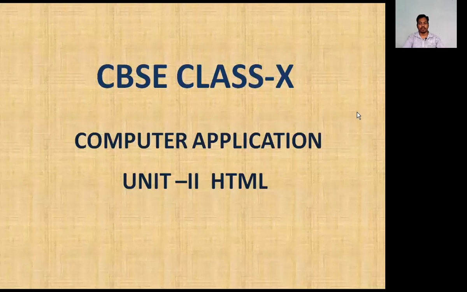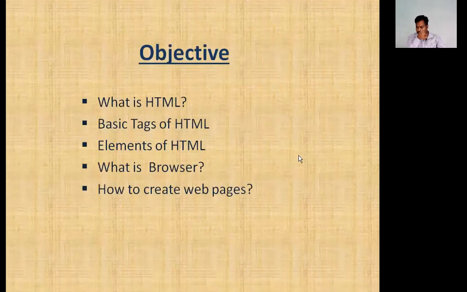So let's start. What all things will we see in this computer application Unit 2 HTML? So what are the objectives for today? We will understand what is HTML, right? Then what are the basic tags which we use in HTML.